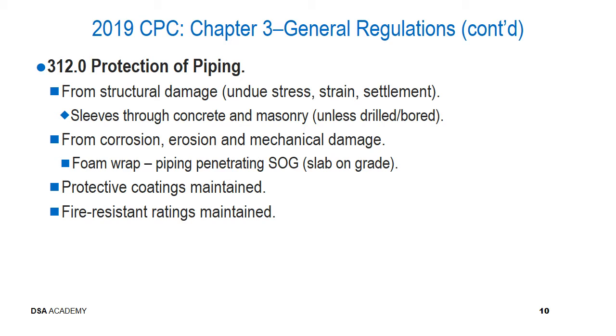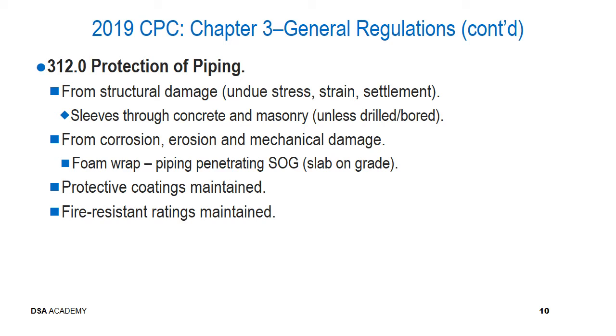It ensures that there's going to be a seismic buffer zone between the piping and the hard structure. It also mitigates any type of corrosive effects that the chemicals inside the concrete would have on any of the piping that's penetrating the concrete. This is primarily seen on slabs on grade.